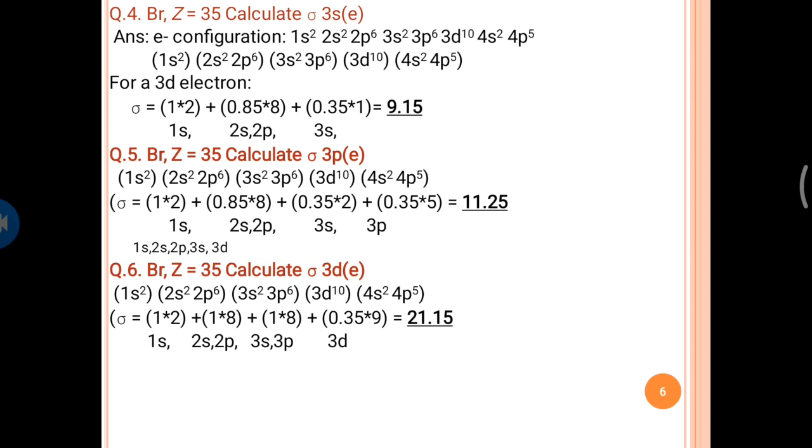So total screening constant of the 3s orbital is 9.15.